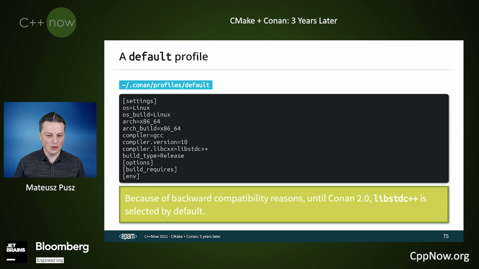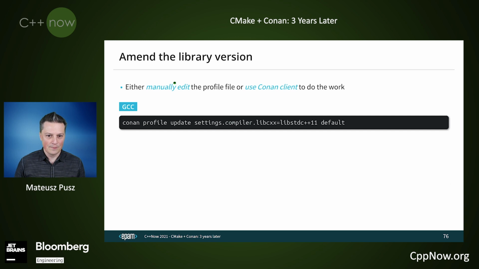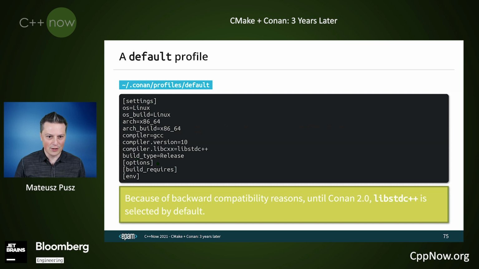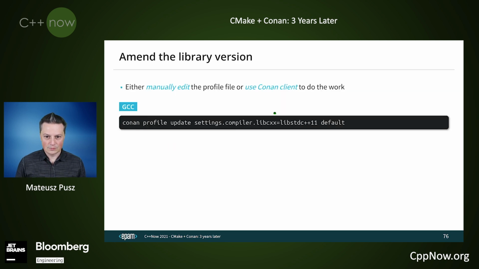In order to fix it, you can either open this in an editor and change it, or use a command instruction, conan profile update, and you provide settings.compiler.libcxx, right? Because it's settings.compiler.libcxx, and specify libstdc++11 for the profile named default.